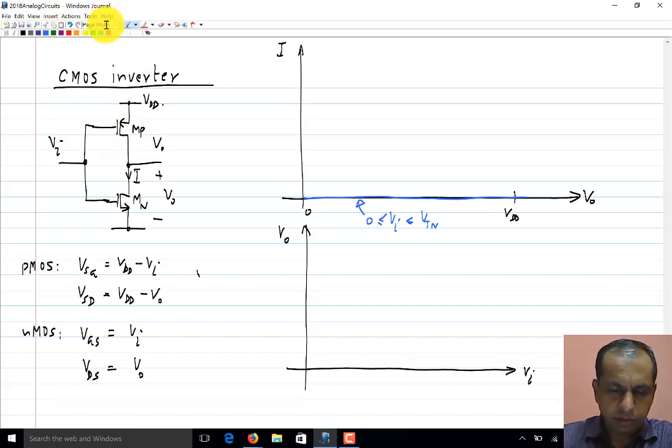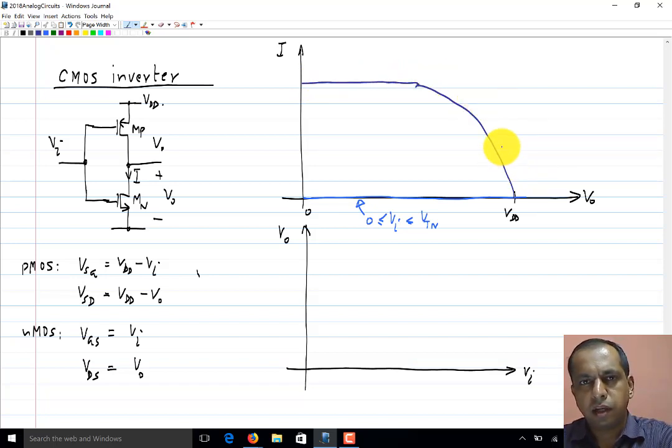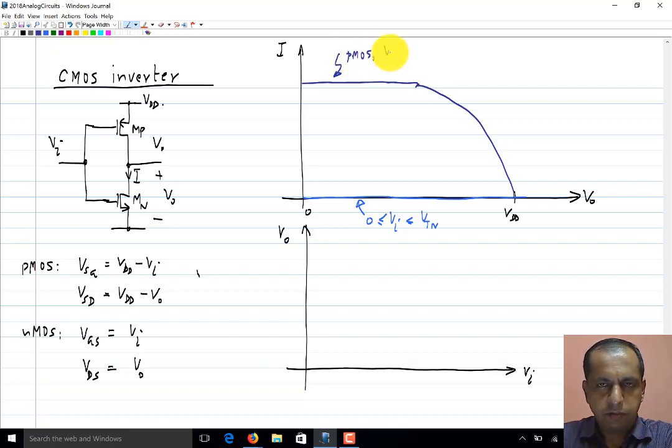When Vi equals 0, the characteristic may be something like this. I have shown the reflected characteristics from the previous examples. This must be familiar. So, this is the PMOS characteristic for Vi equal to 0, which means the source gate voltage equals the supply voltage. This is the maximum possible value.